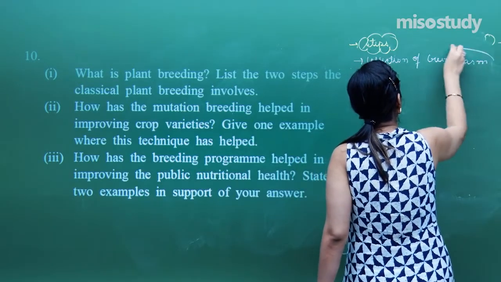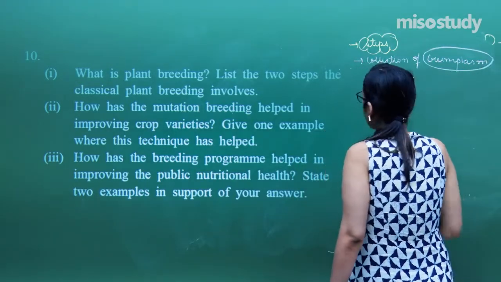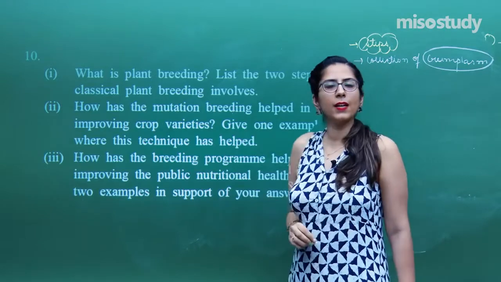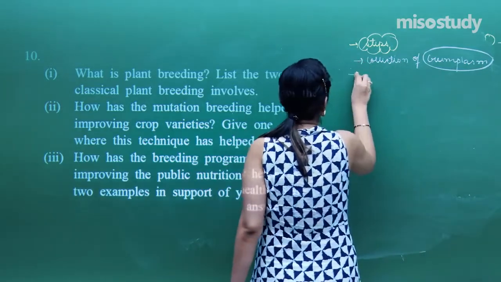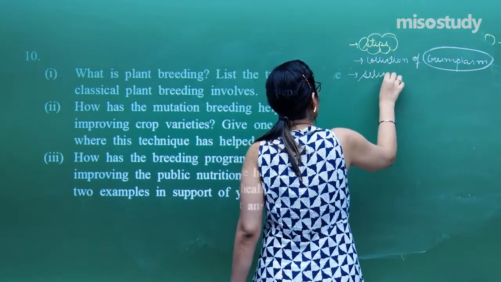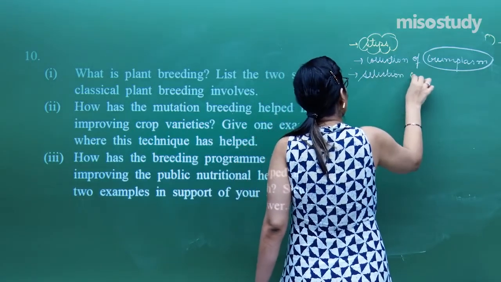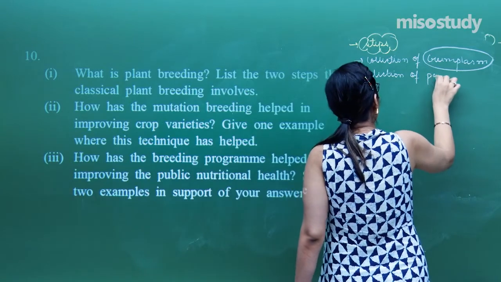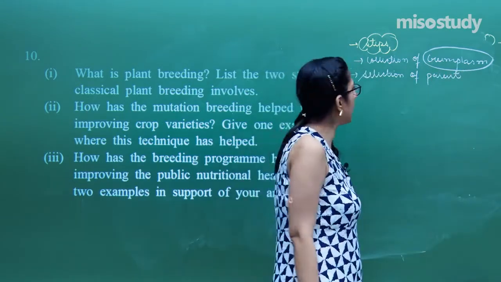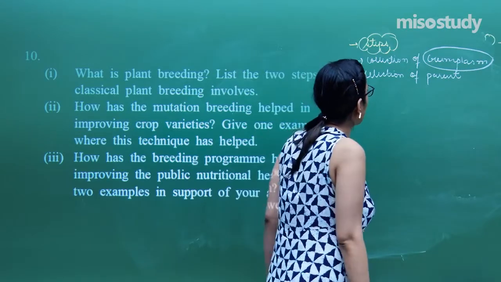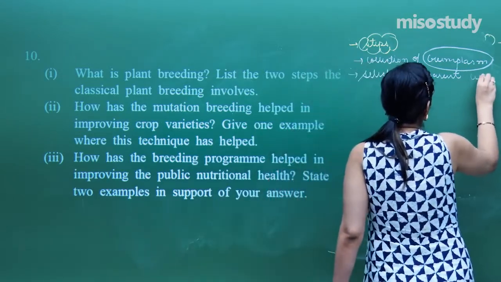That means whatever the different alleles are there which are related to one gene, all are collected for a particular variety. After that is the selection of parents. Selection of parents is also very important, because if we want that such type of characters should be present in the progeny, we have to select these parents with desirable characteristics.